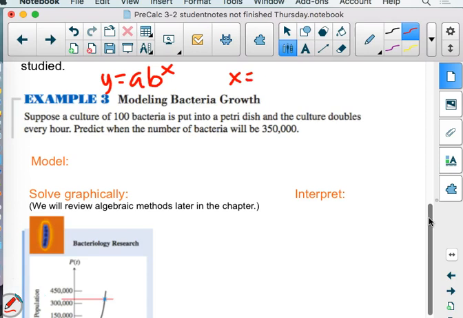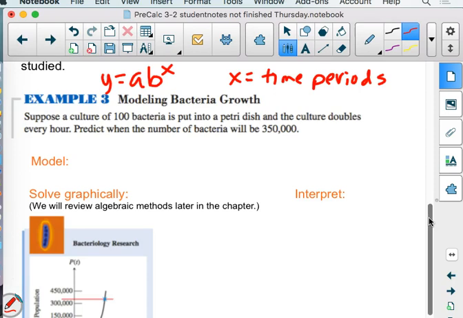X needs to be how many time periods we have met. So sometimes it's years. Sometimes it's really easy. You just do T equals years. Sometimes it's days. T equals days, and we're good. In this case, it would be X equals whatever we've got up there. But sometimes we have to put a little more thought into that.